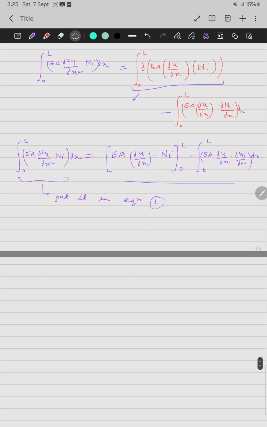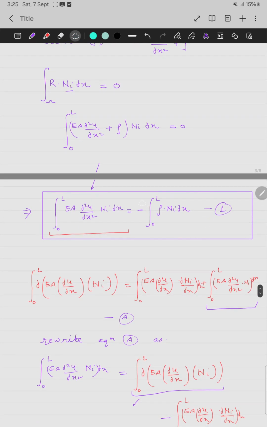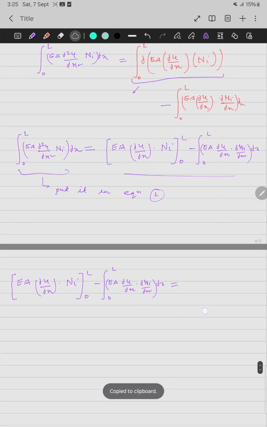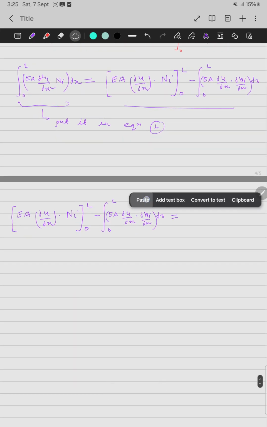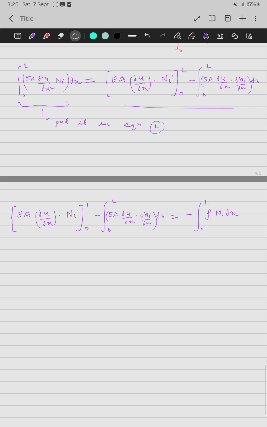I will just copy this section and paste it here, and then I will put equals to, and I will take the right hand side of this equation. Okay, copy, and we'll put it here. So this is the equation we'll get. Now after rearranging, we can again write this equation.